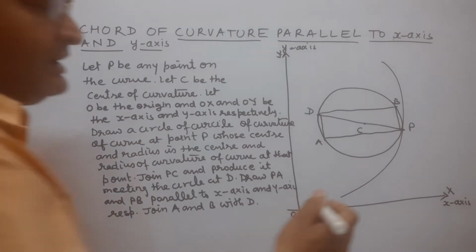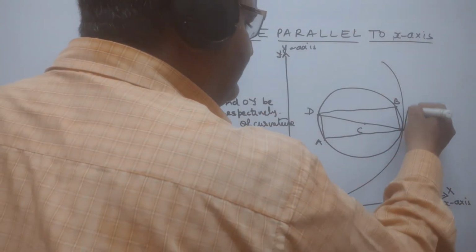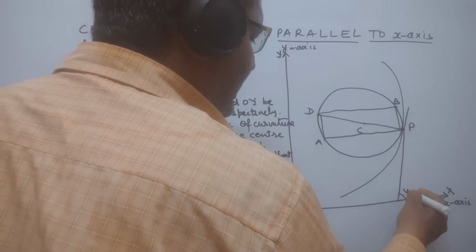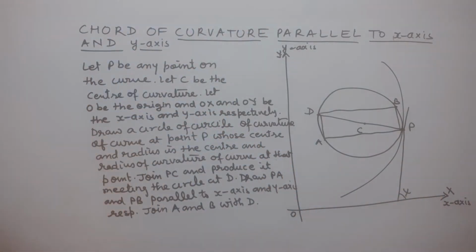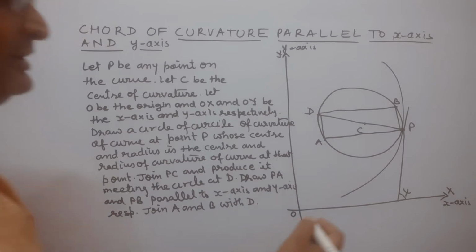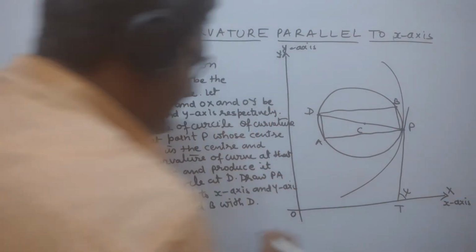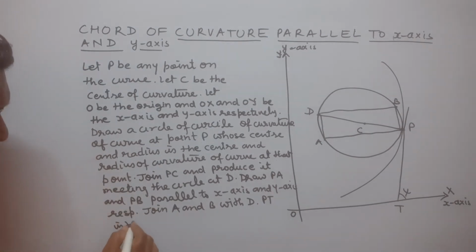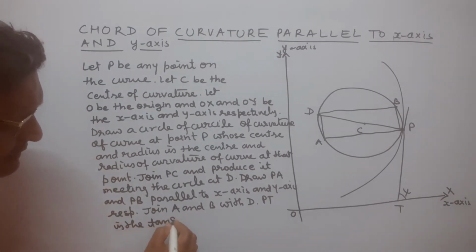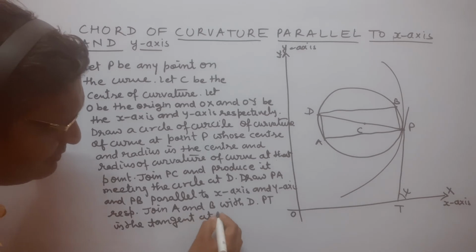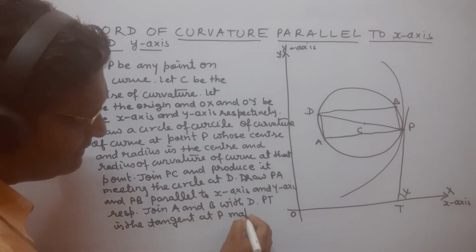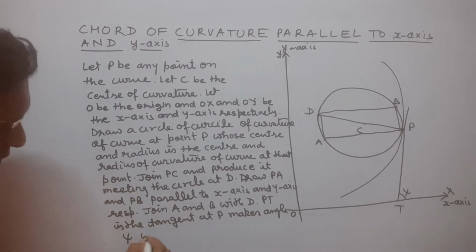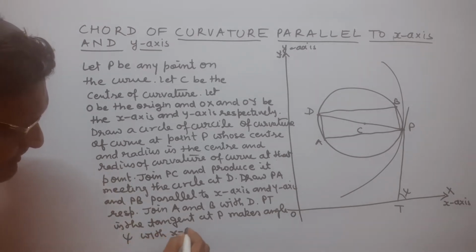Now we can draw this tangent which makes angle psi with the x-axis. So here PT is the tangent at P point, makes angle psi with x-axis.